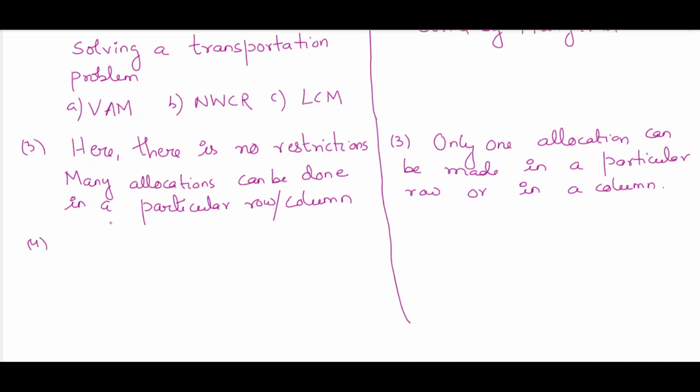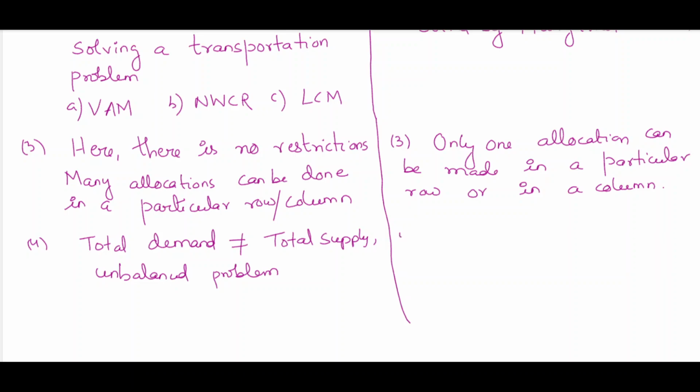When total demand is not equal to total supply, it is known as an unbalanced transportation problem.